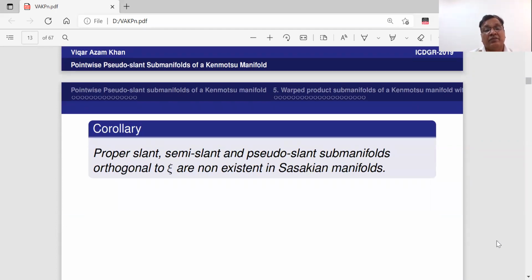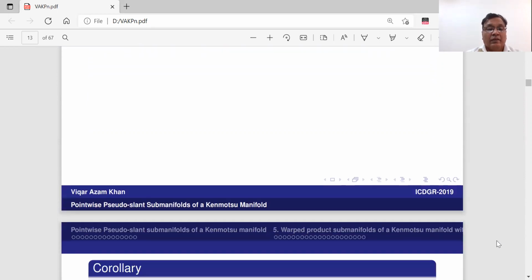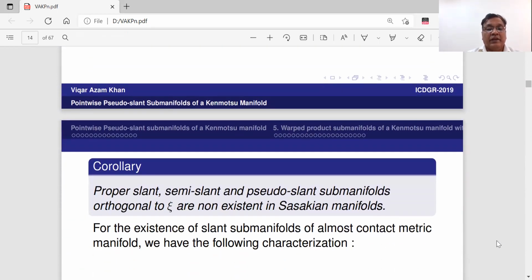in a Sasakian manifold. So that is why we will be considering non-Sasakian manifolds. More specifically, we will be considering Kenmotsu manifold. In fact, when Tanno classified some manifolds whose automorphism groups have the maximum dimension, there appear classes.